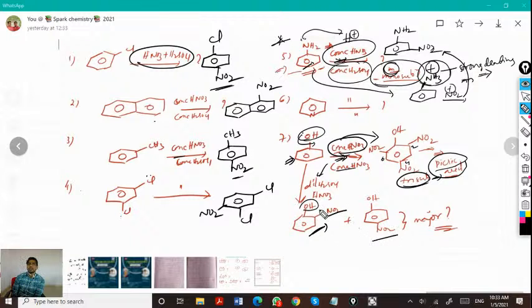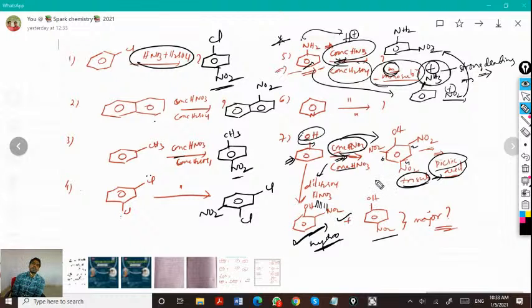Among these two, which will be major? So far we have studied that ortho will have steric crowding and para will have less steric crowding. But whenever OH or any hydrogen bonding groups are there, then ortho will be major because of the hydrogen bonding.